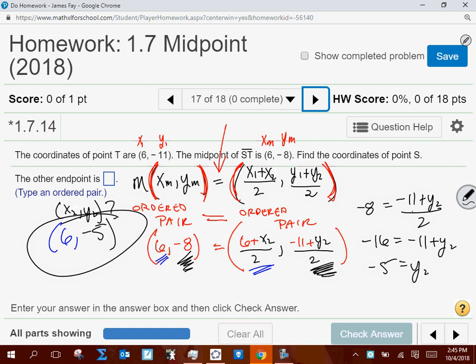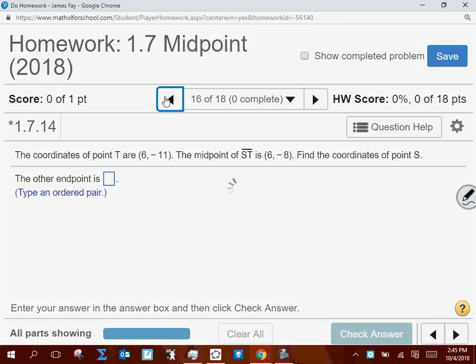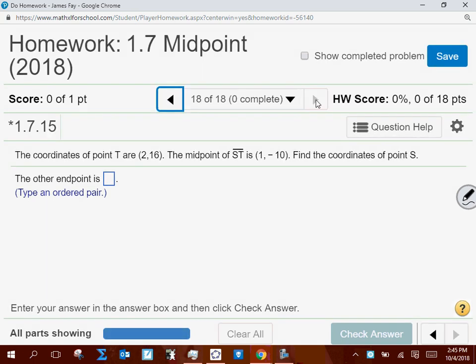Okay, I want to do another one. I want to do one just very similar, like 17. Okay, so 18, pretty similar, asking us for the other endpoint, okay?